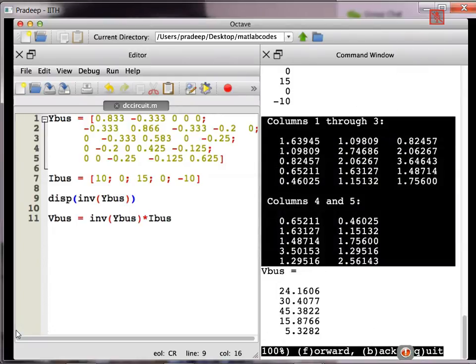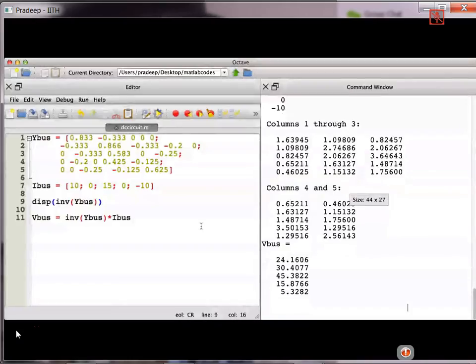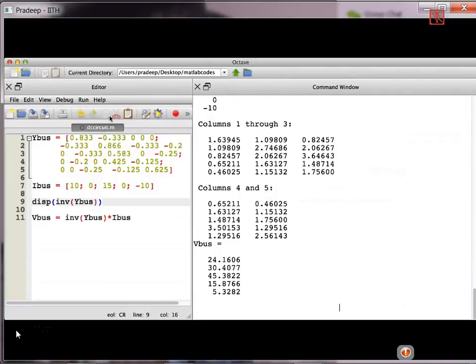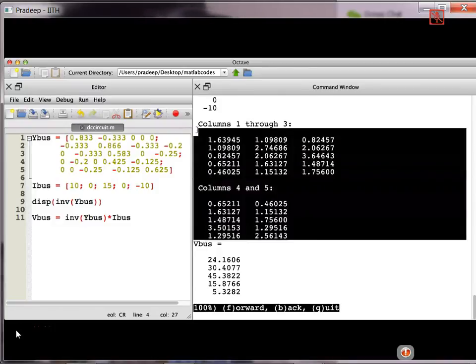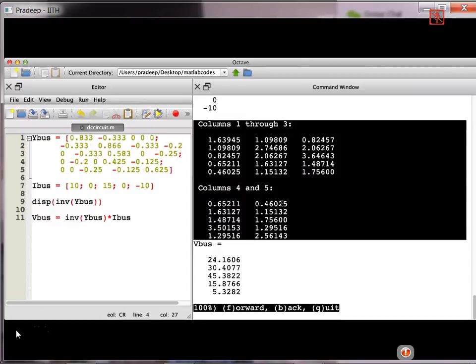Let me expand this a little bit. Now once again I'll run it. So what you are getting is the Z bus, 1.63945. Z bus is a little difficult to calculate directly. You can calculate Y bus and invert it. We will also see how to find Z bus separately.